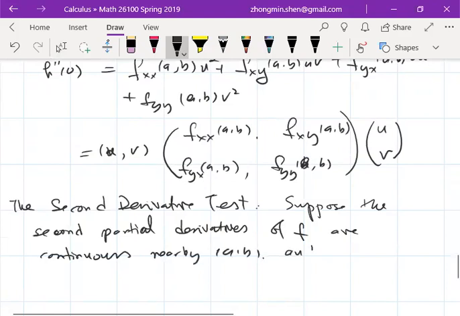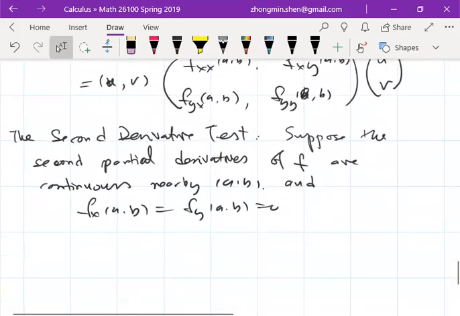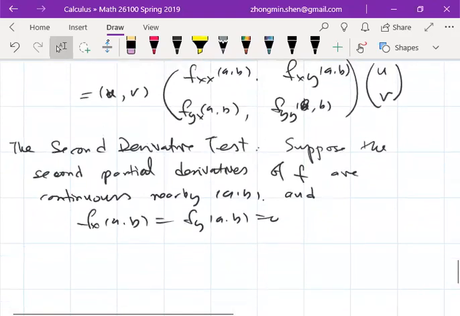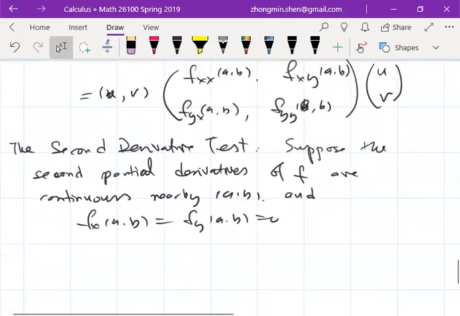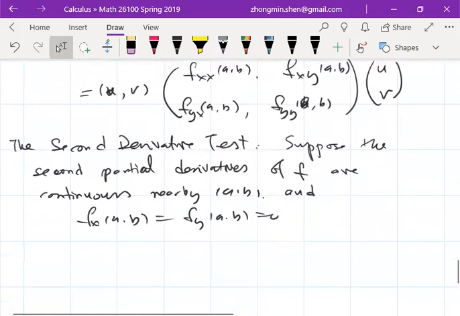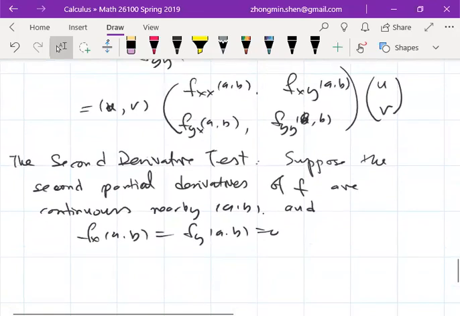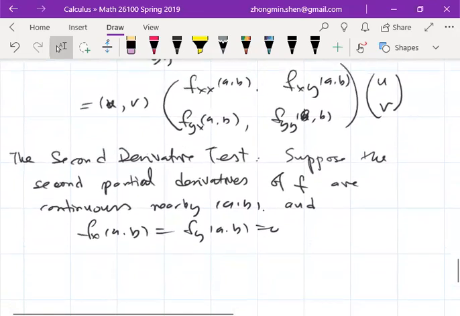And I assume that the first partial derivatives are 0. Then you want to know whether this matrix is positive or negative. So I'm going to state the theorem in a slightly different way. I look at this from linear algebra, from Math 171.